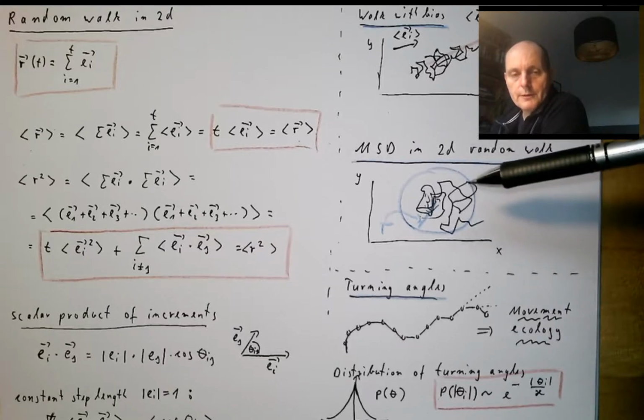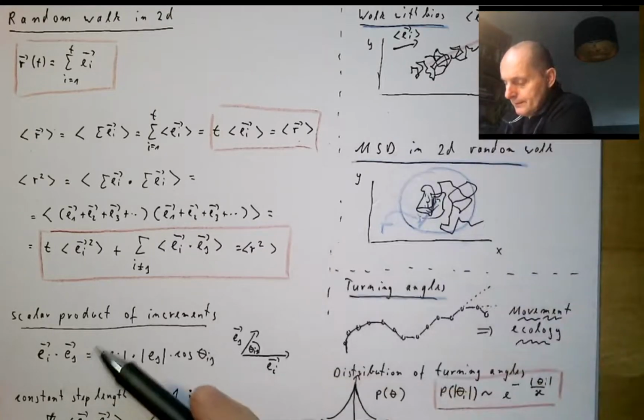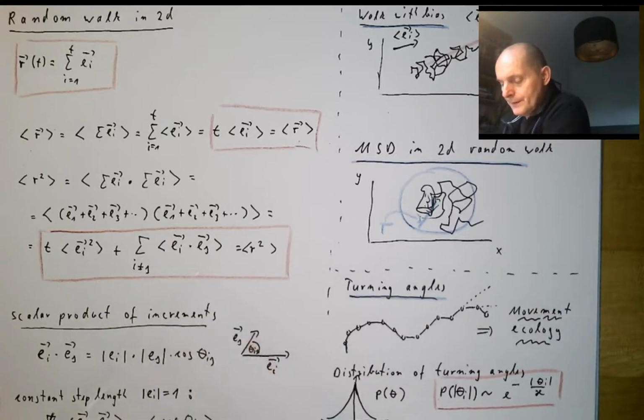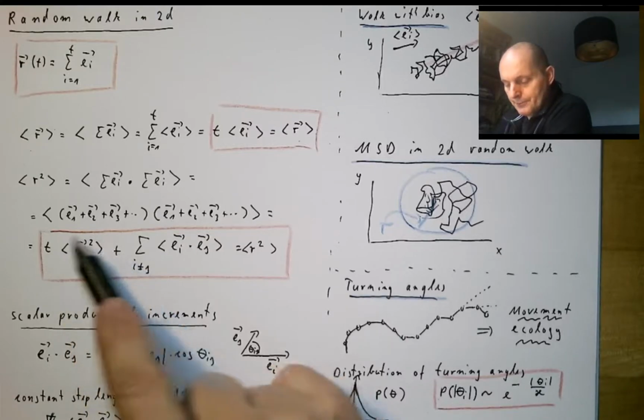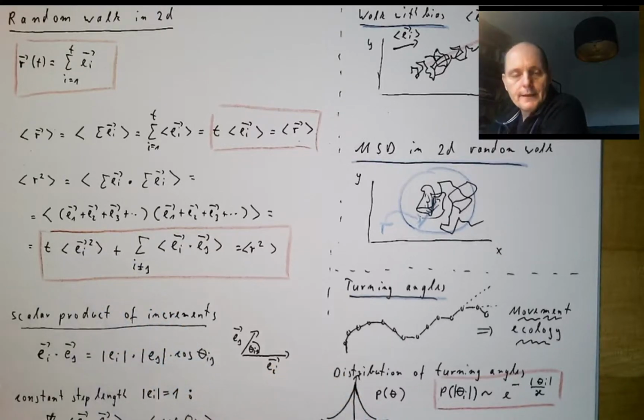So now under normal circumstances, when we have this formula here, you see that the mean square displacement is dominated by this term proportional to t, which basically gives diffusion. And now the question is, do we also have in 2 dimensions random walks which are super diffusive, which deviate from this?